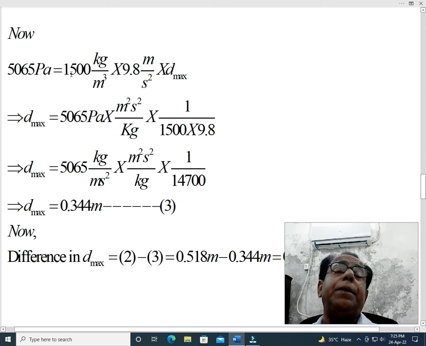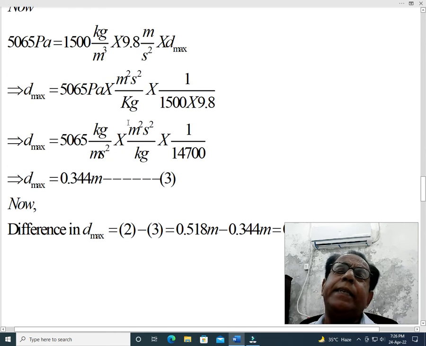In the previous part we had used density 998, here we are using density 1500. All other calculations are exactly the same as in the previous. So it is sufficient to conclude that in this case D max becomes equal to 0.344 meter. This is equation number 3.